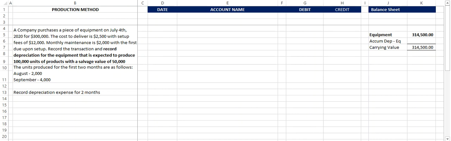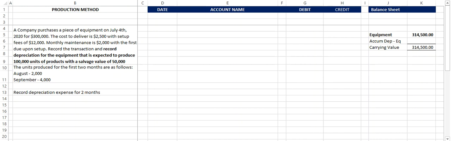In most instances, this type of depreciation expense normally goes with equipment, mostly equipment, because equipment are the devices that can produce units, whereas a building can't really produce a unit of item to be sold, or a vehicle can't do it.